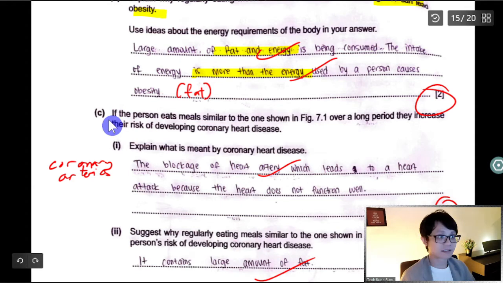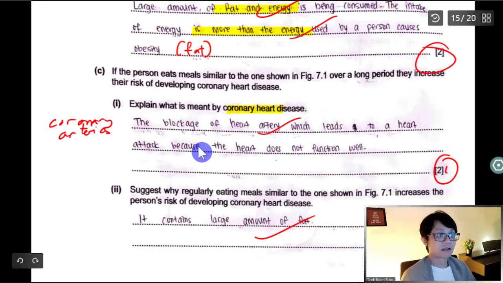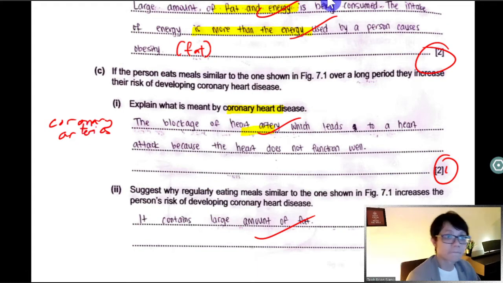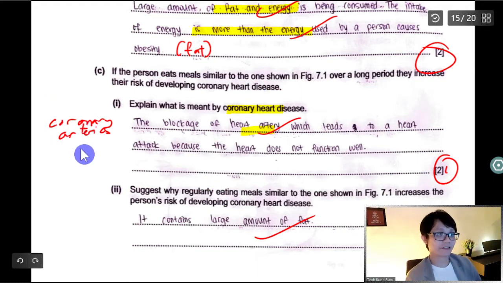If the person eats the meal showing 7.1 over a long period, it increases the risk of developing coronary heart disease. Explain what is meant by coronary heart disease. Okay, the blockage of heart artery may lead to heart attack. Okay, this one you will get 1 point. According to the marking scheme, there's 1 more point. Okay, coronary arteries.